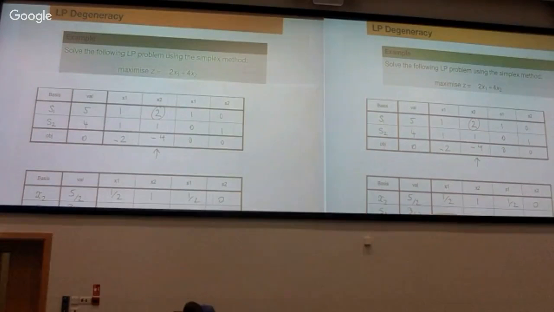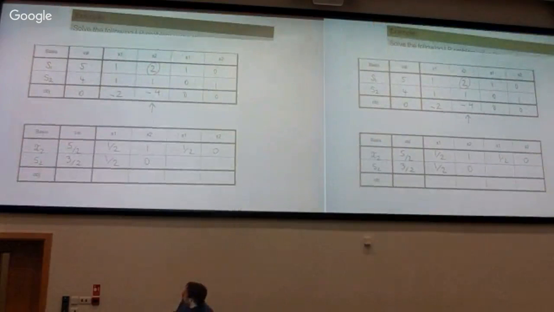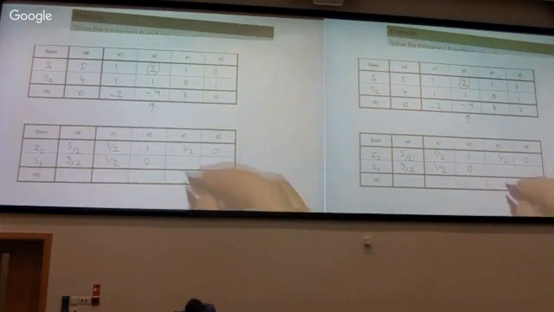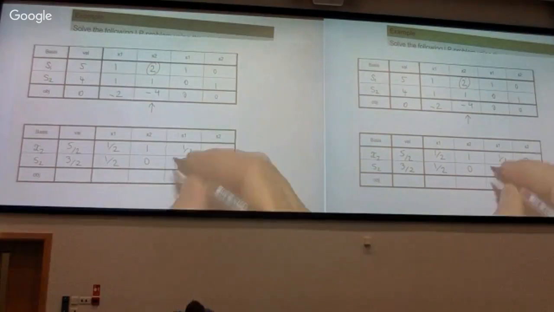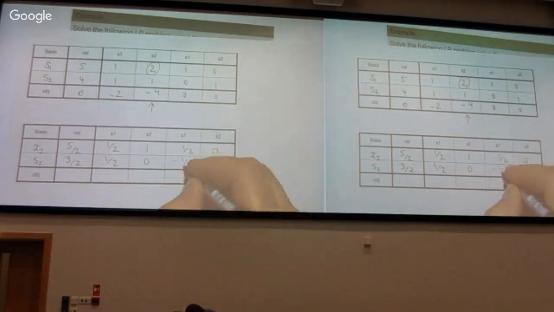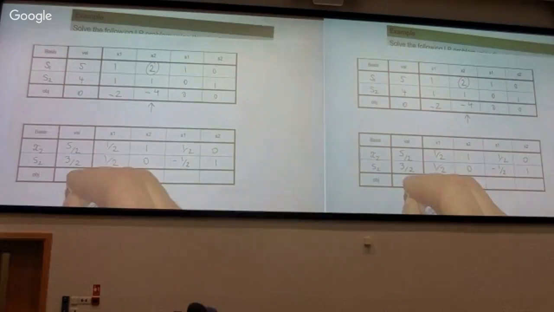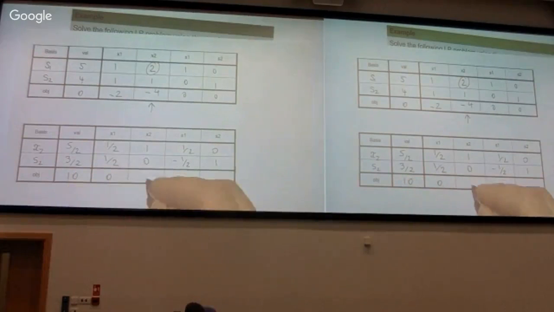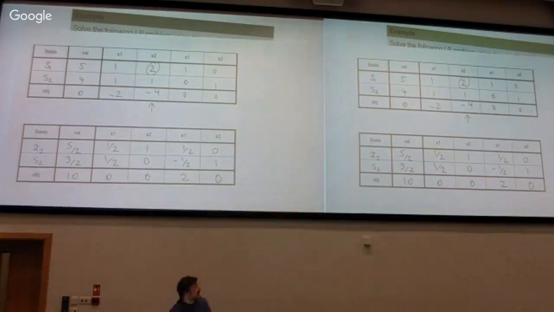You get 3 over 2, 1/2, 0. Minus 1/2, 1. And the objective row should give you 10, 0, 0, 2, 0. Okay, that's my first pivot step.